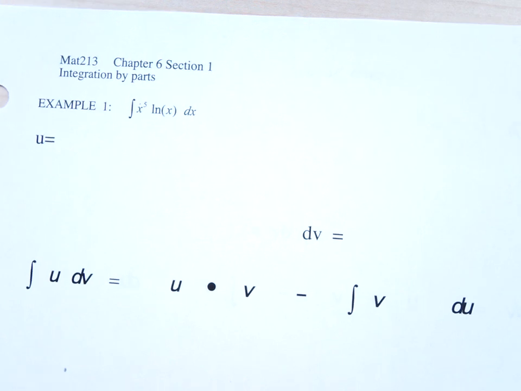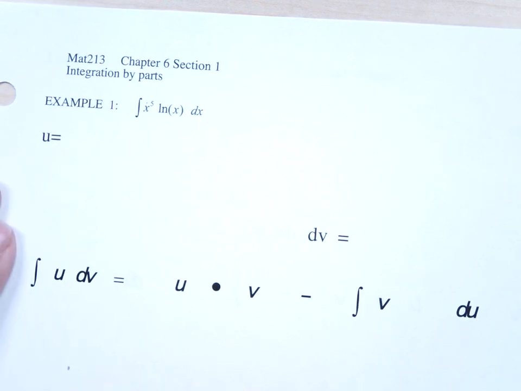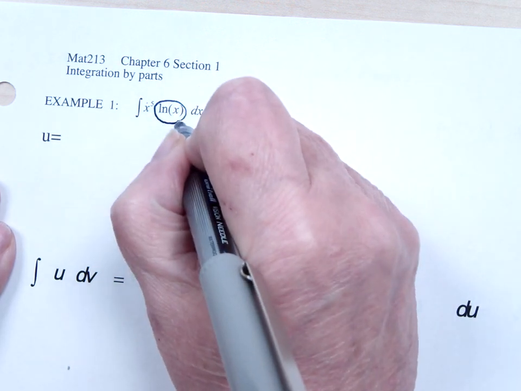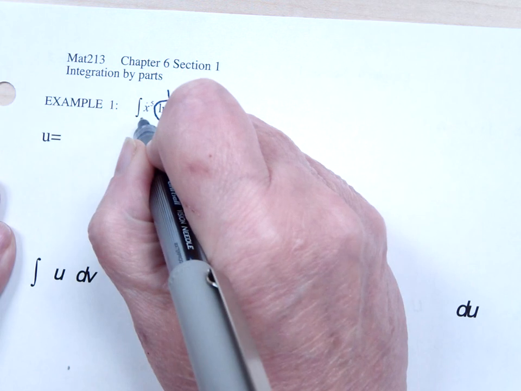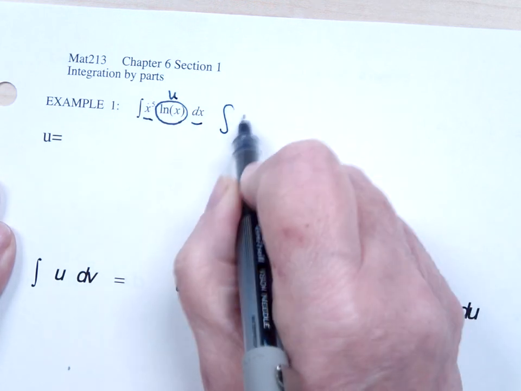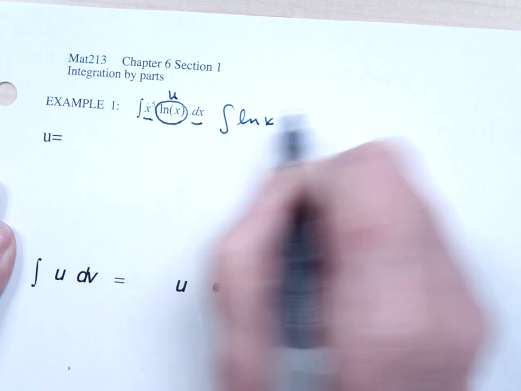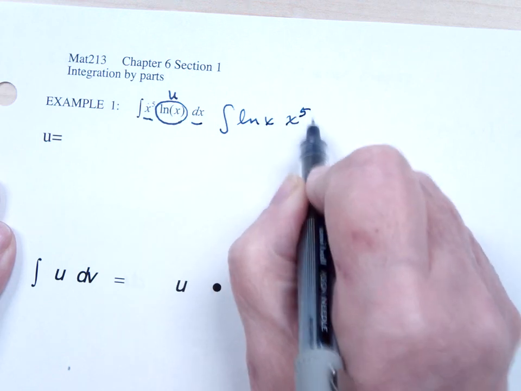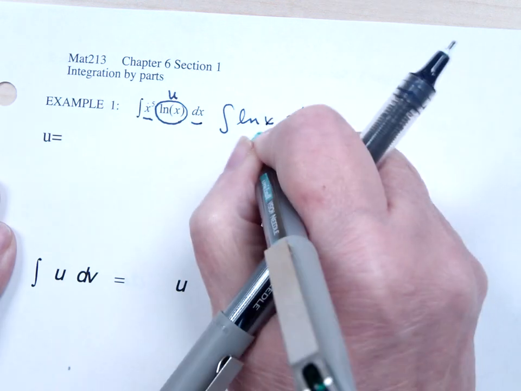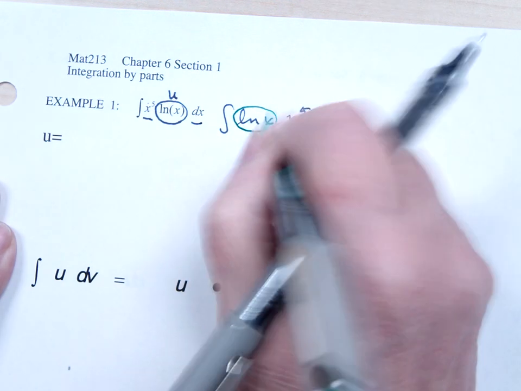Okay? So that says, I don't know how to integrate natural log, so he's going to be u. What's left over, so you're looking at the integral of the natural log of x, and then x to the 5th dx. So who gets differentiated?